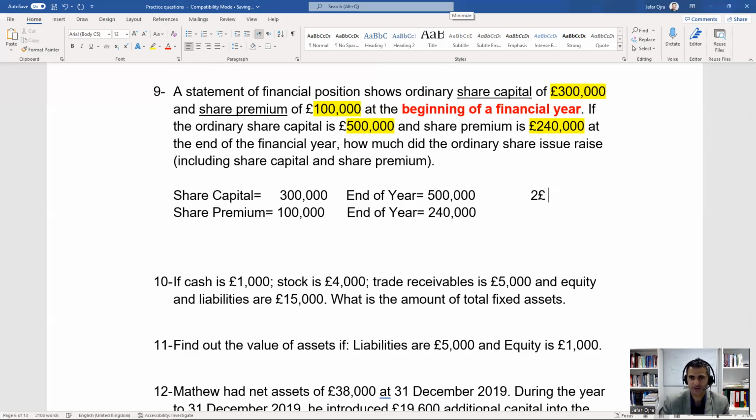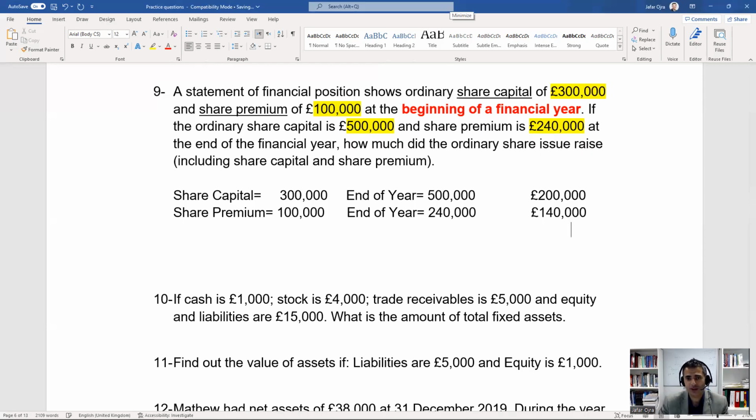And share premium, it was 100 and now 240. So there is an increase of 140,000 pounds. So basically, if you add them up together, the increase would be 340,000 pounds. And this is the answer.